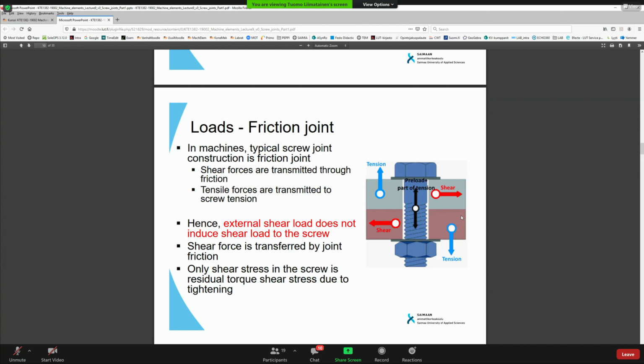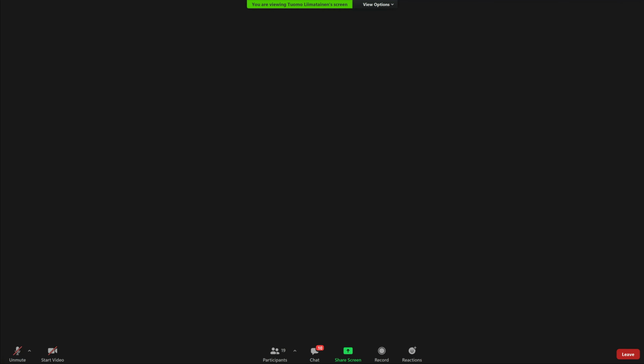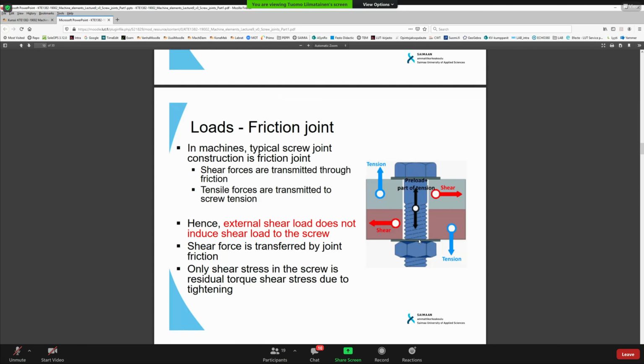And the idea of how this joint type works is that we preload this screw so that there will be enough friction between the plates to carry the shear. So there is basically no shear at all on the bolt, because all of the shear is carried by the friction between the plates that are being compressed with a screw.